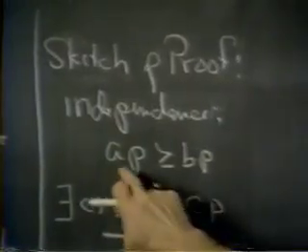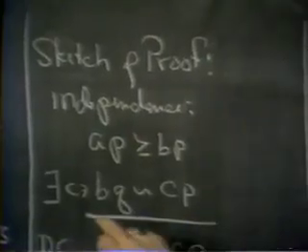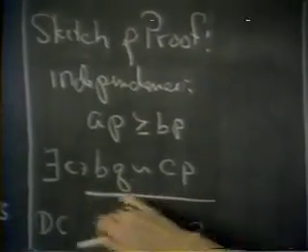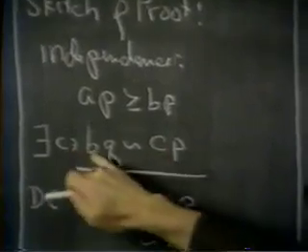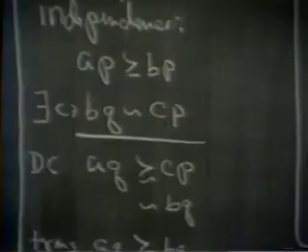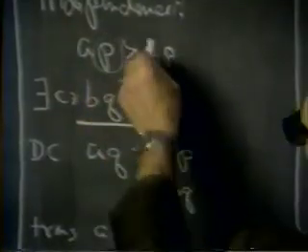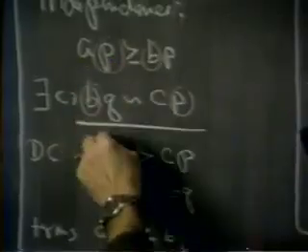I suppose AP is greater than or equal to BP. Then by the solvability condition, I can find an element C such that BQ is indifferent to CP. Now notice that this is common here, and the B is common here, so double cancellation applies.